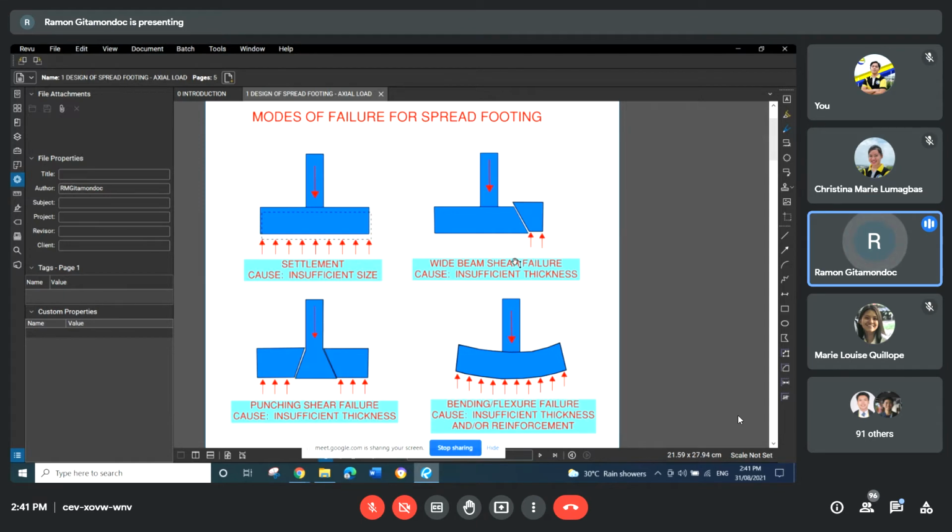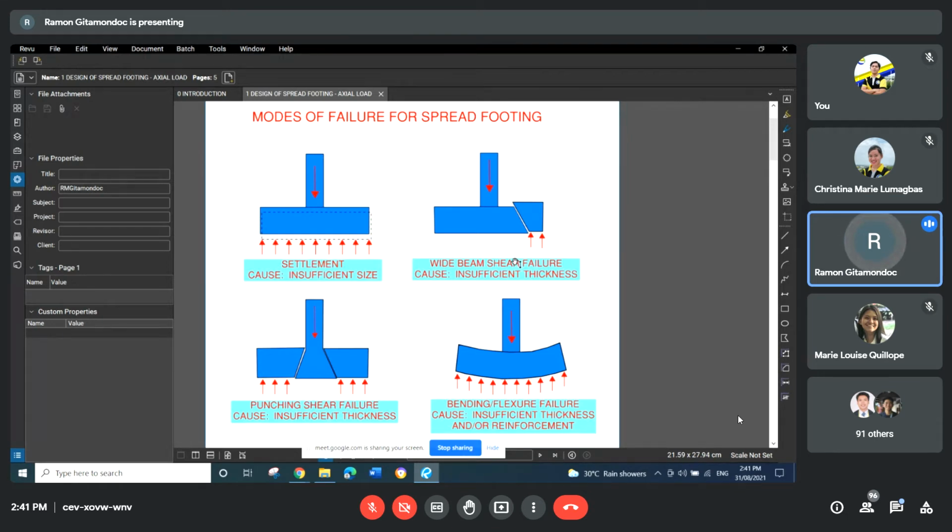Now, another type of shear failure is the punching failure. Again, if the thickness of the footing is too thin, then the column might punch a hole through the footing, a hole which is geometrically similar in shape to the shape of the column.